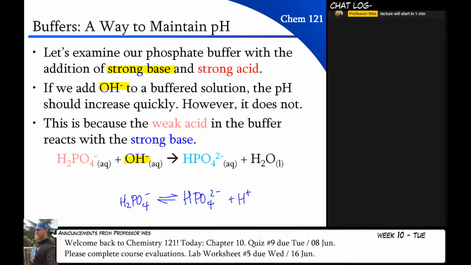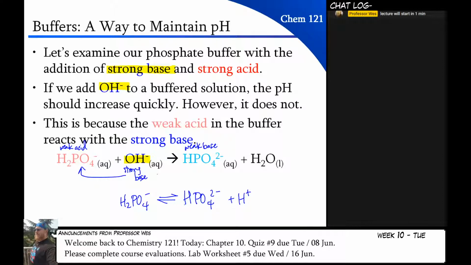Now, what ends up happening is if I put a strong base into the buffer, it will react with the weak acid. And the result that we make is we make a weak base.